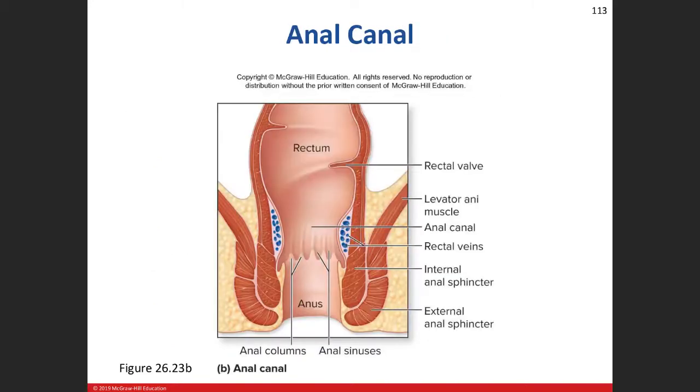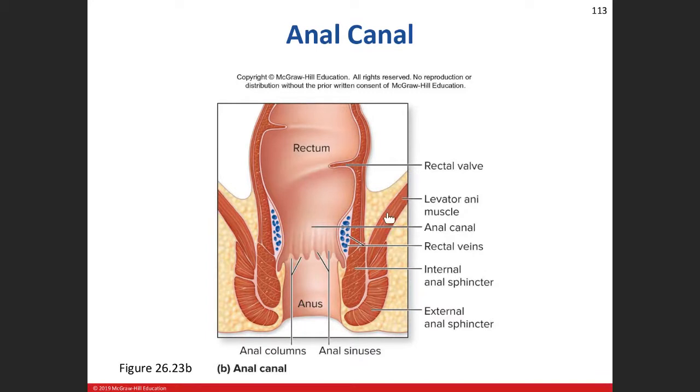Let me show you a quick picture here. Getting down into the rectum, you see the rectum has this muscular wall all around it. As we get down towards the anus, it's still smooth muscle. Then it becomes the internal anal sphincter. Then you can see here we've got the levator ani muscle.